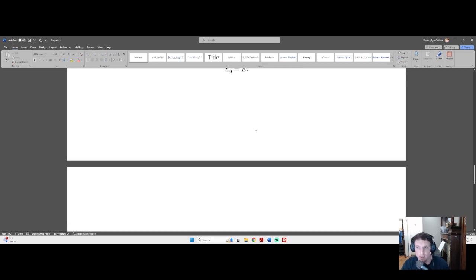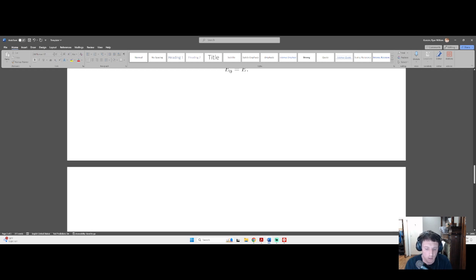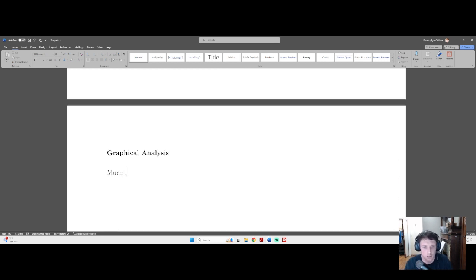I think I've talked about everything I need to talk about. Oh, actually, there's one more thing. I personally don't care all that much about this, but you will probably need this for the homework. So let's just talk about graphical analysis very fast. Much like we could calculate work by looking at a force versus displacement plot, we can calculate impulse by looking at a force versus time plot.